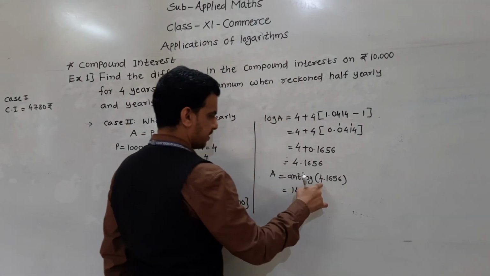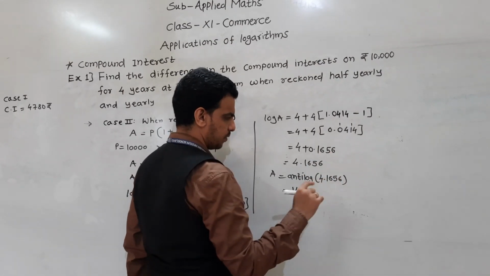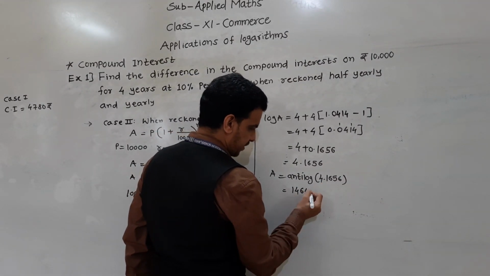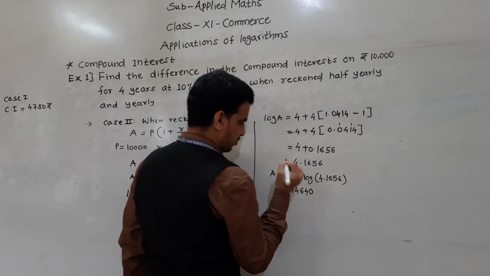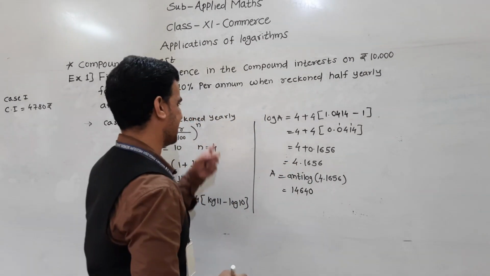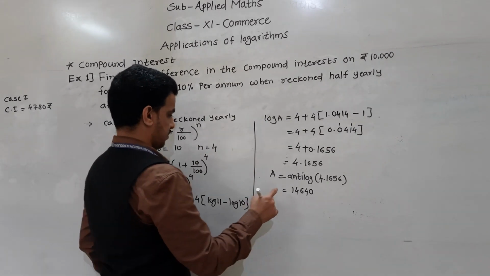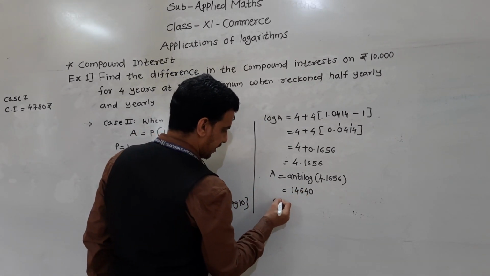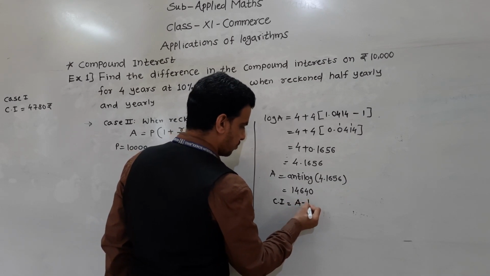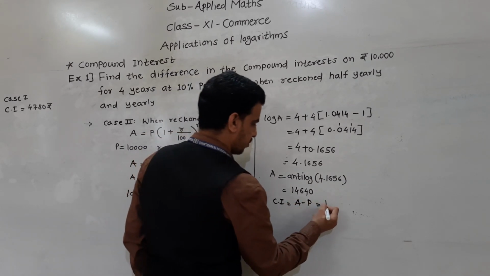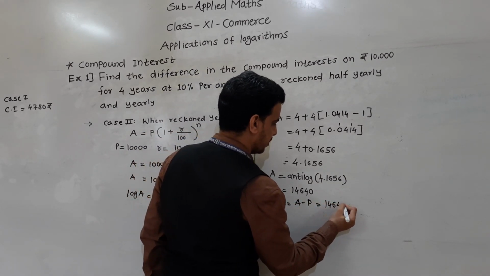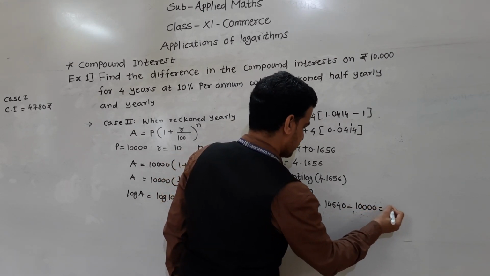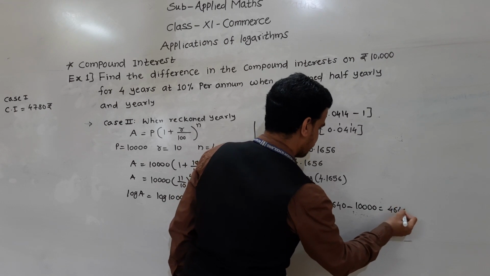So 1464. Here characteristic is 4, so add 1, 4 plus 1 is 5, so give decimal point after 5 digits, so it is 14640. So amount in second case is 14,640. So compound interest is equal to amount minus principal. 14,640 minus 10,000 is 4,640.